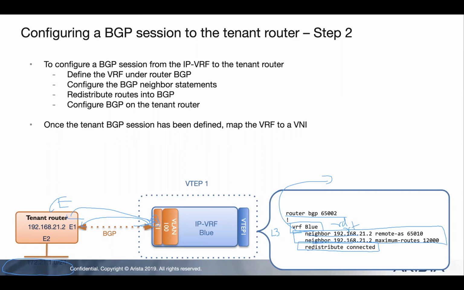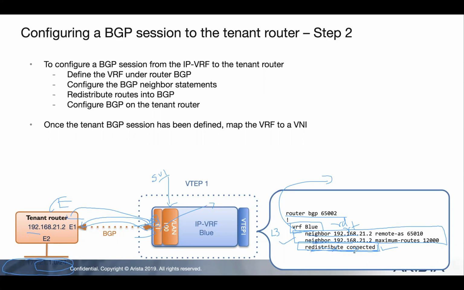We are advertising the eBGP routes we receive for this subnet. Redistribute connected is needed if we want to advertise any directly connected routes, such as local SVIs under VRF blue. Otherwise, we don't need this.